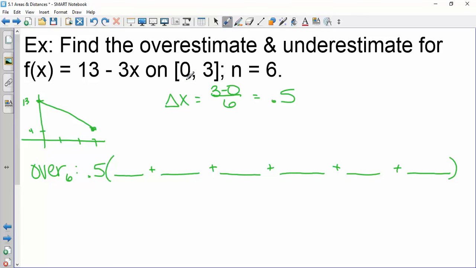So if you think about this, your first piece would start at 0 and end at 0.5. Which one will give you a bigger number? When you do 13 minus 3 times 0 or 13 minus 3 times 0.5? 0. So for my overestimate, I need to start with my 0 one.